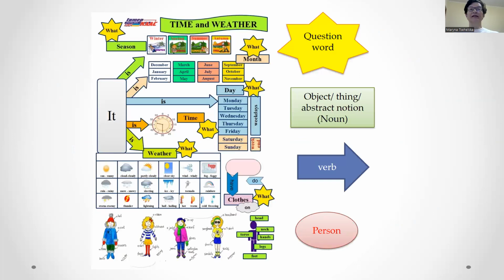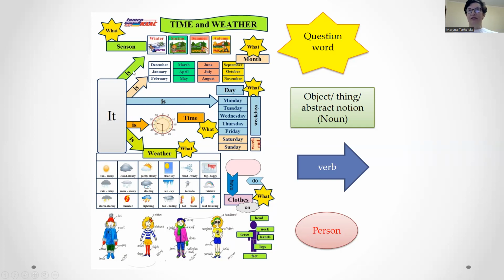So let's look at how the map Time and Weather is structured by using these symbols. You see that the star is used for a question word, and we'll have words like what, they're question words. Objects are in rectangles.